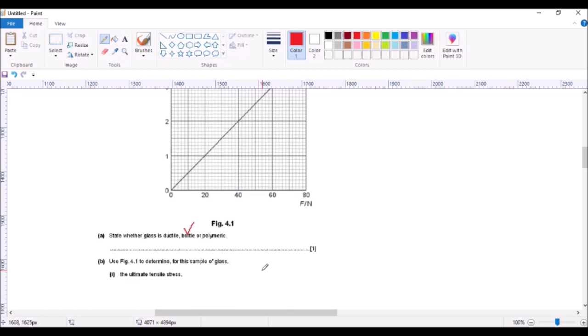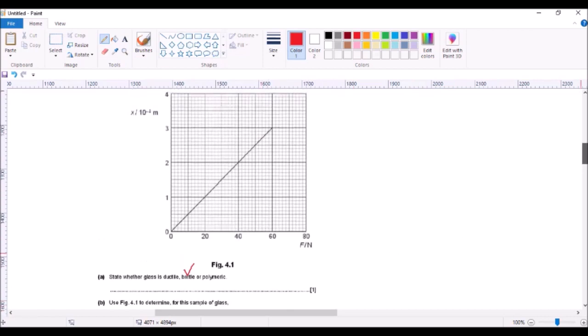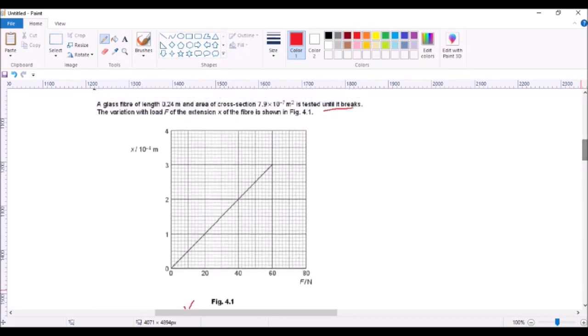Ultimate tensile stress would be force divided by area, so just 60 newtons divided by the cross-sectional area, 7.9 times 10 to the power of minus 7, is 7.6 times 10 to the power of 7.